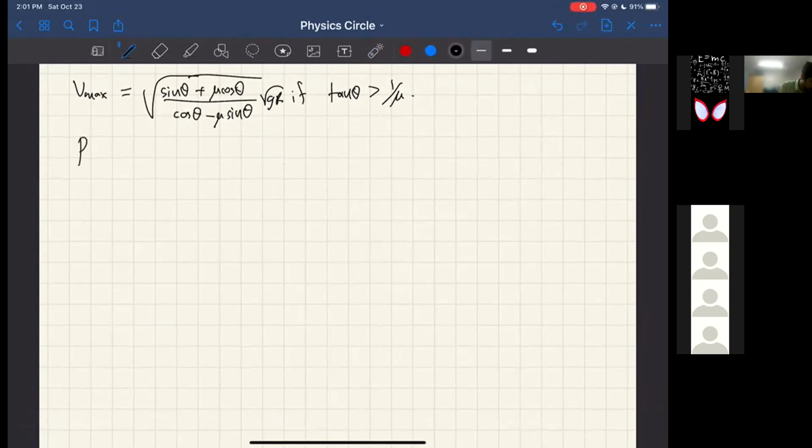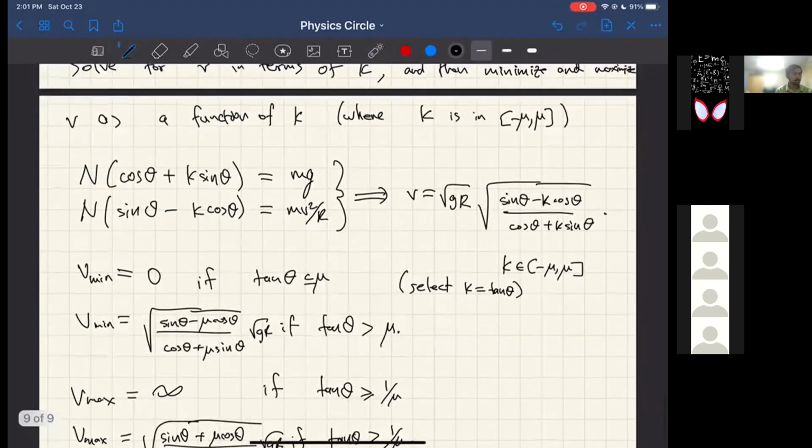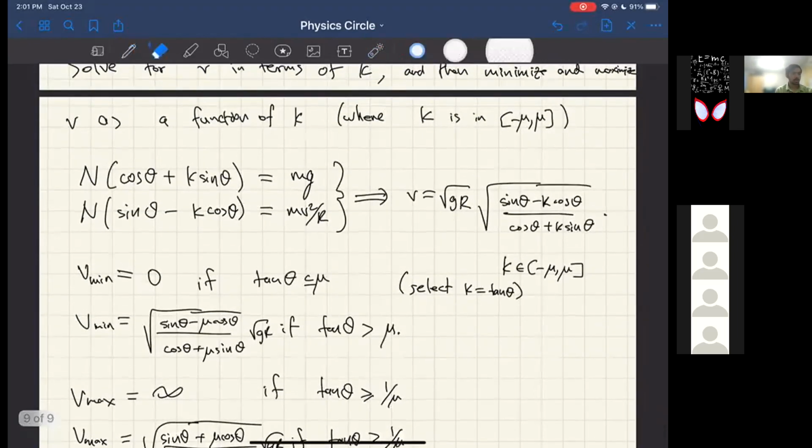Okay, problem 4. Any more questions? I think this one's also relatively tricky. Any other questions about this one?